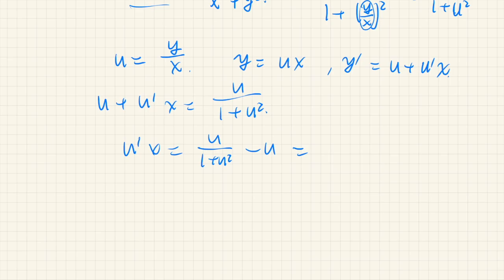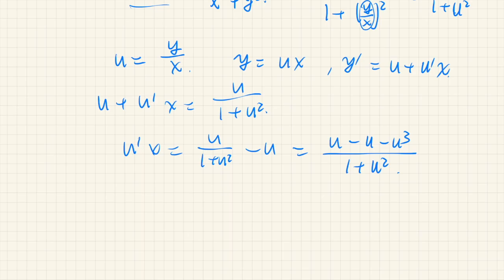That's u minus u minus u cubed over 1 plus u squared.